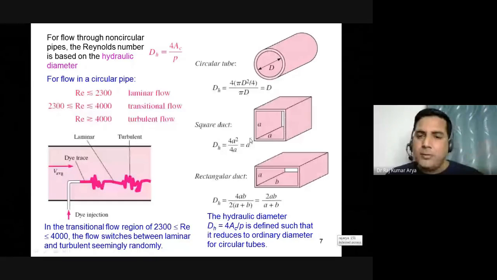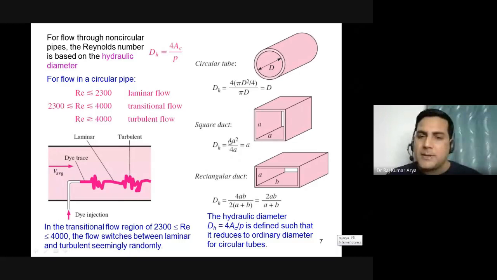If it is completely filled, your fluid is touching this full surface, so the complete perimeter touched by the fluid is 4A. So the hydraulic radius is called area upon wetted perimeter. This is A square upon 4A, and hydraulic diameter is 4 times the hydraulic radius. So you are multiplying here by a factor of 4.